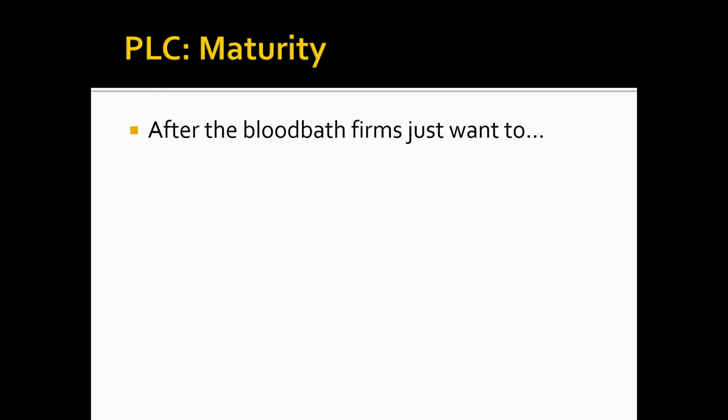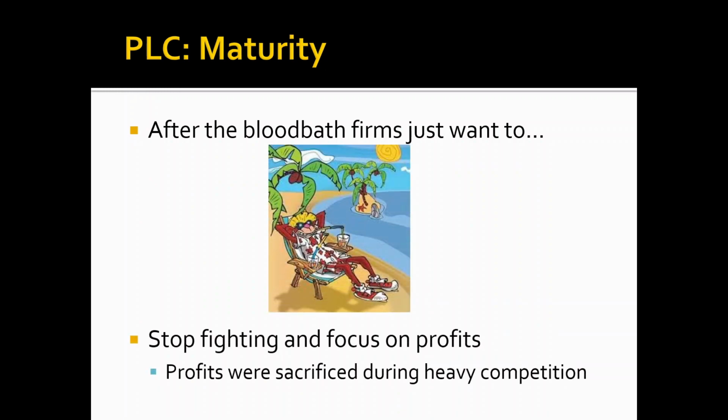So after a bloodbath, firms want to stop fighting. They want to focus on their profits. Just going back a few years, Verizon and AT&T used to compete heavily. Then they stopped. And most of their programs and pricing are pretty similar, and certainly they advertise, and they're more likely to focus their attention on T-Mobile, who's trying to be a disruptor.